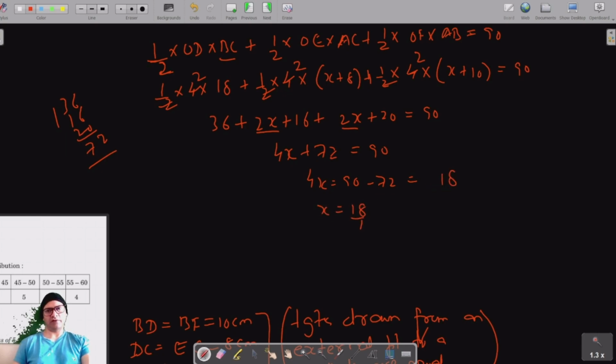So x is equal to 18 by 4, and we have got the value of x, which is 4.5.